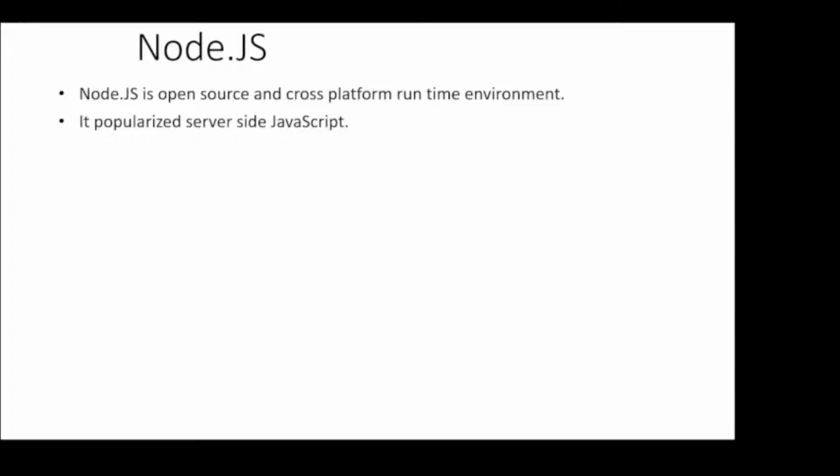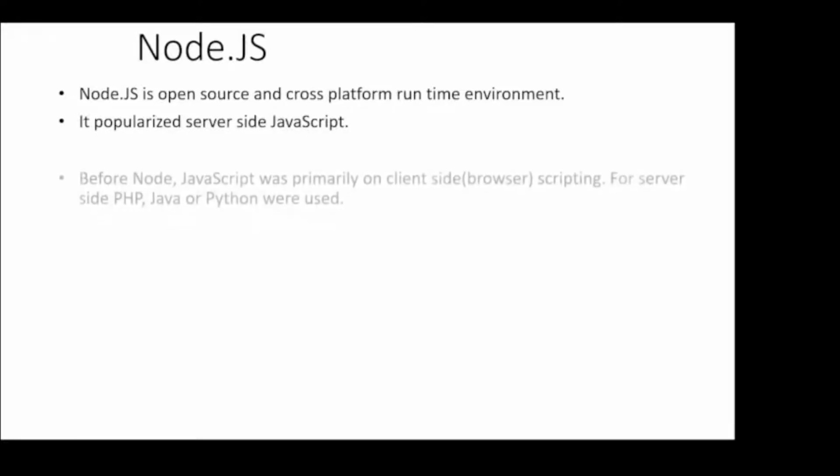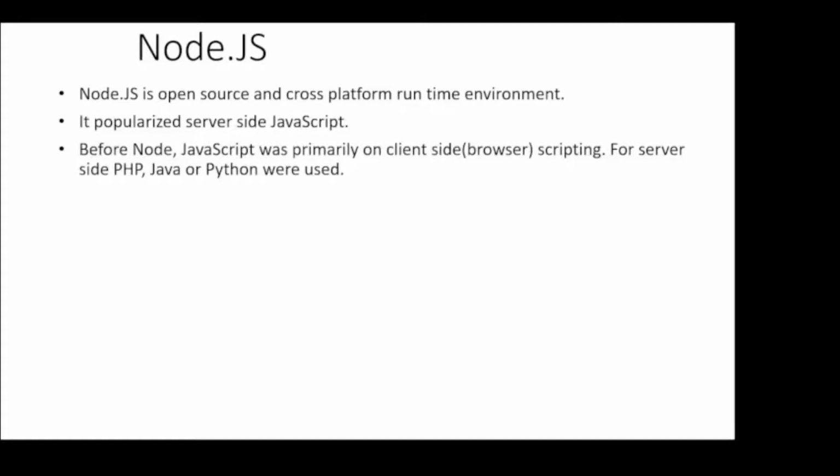Before Node.js, JavaScript was primarily for client-side programming, where it lived in the browser. So if we wanted to build a full stack end-to-end application, on the server side we needed to use either PHP, Java, Python or other such server-side programming languages. Knowing JavaScript as a language was not sufficient at that time, and Node.js changed that paradigm.